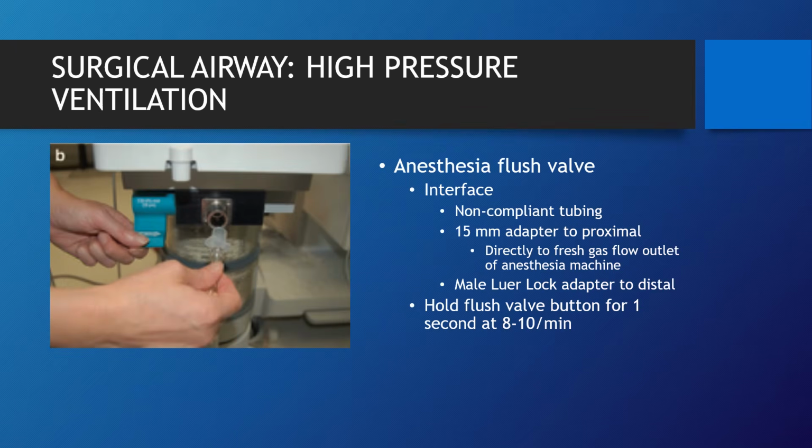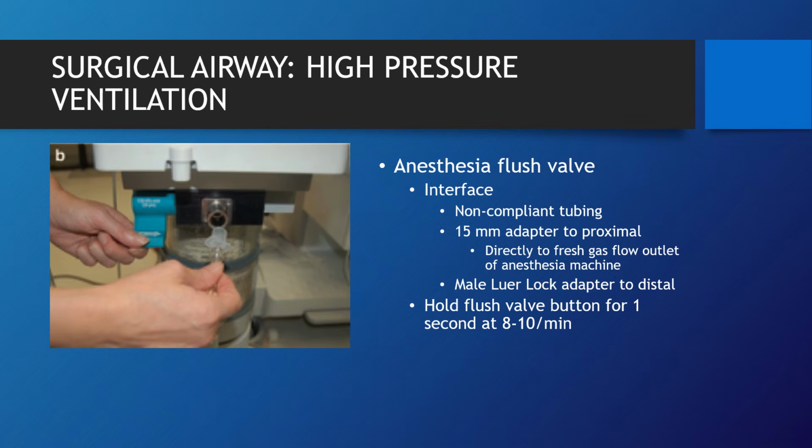If you don't have access to a jet ventilation interface, you can use the anesthesia flush valve. The anesthesia machine delivers oxygen at 10 psi when the flush valve is pressed, but it's proven to be able to ventilate at 628 milliliters per second. So with this interface, what you could use is non-compliant tubing, such as IV tubing.